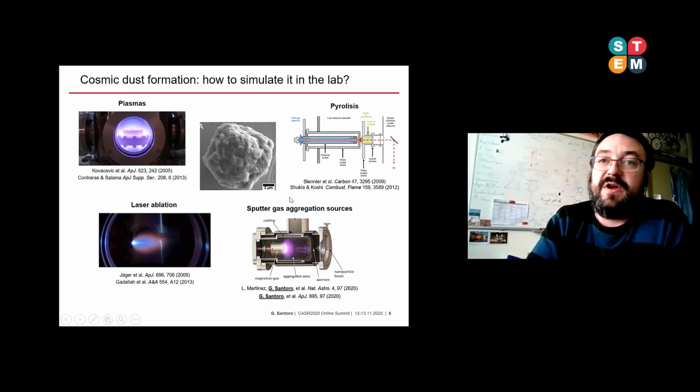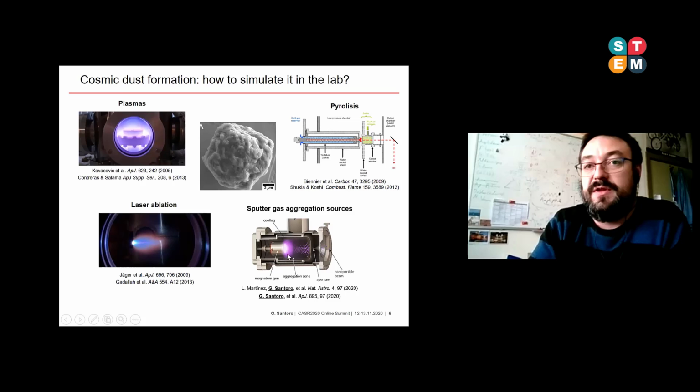Basically, in these sputter gas aggregation sources, what one can do is to vaporize solid elements. In the case of carbon, we are using graphite. We extract carbon atoms, and we let them interact among them inside what is called an aggregation zone, where all this material is condensed into nanoparticles, material of around 10 nanometers in size.